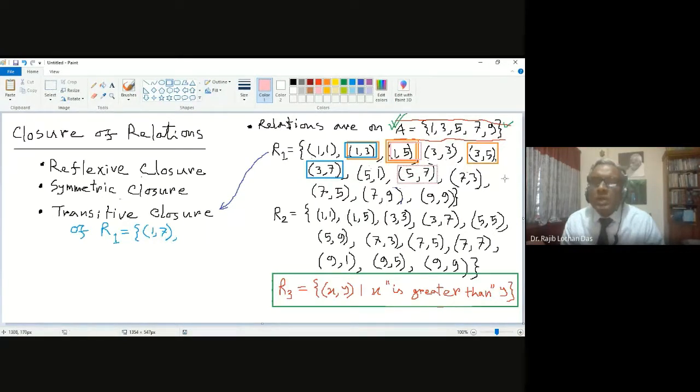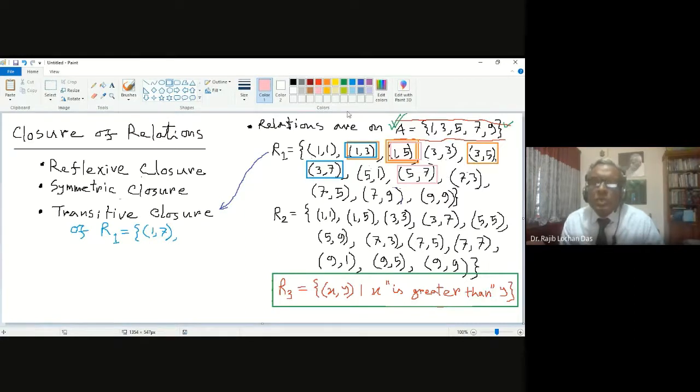So (1,5) and (5,7), we need (1,7). (1,7) is already included. Fine, done. And if you think what else? No more from 5.